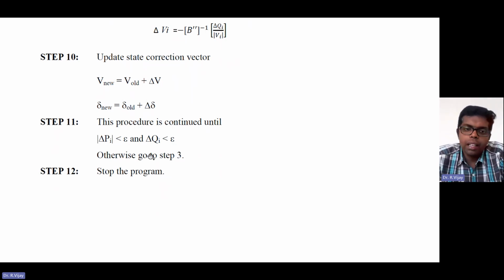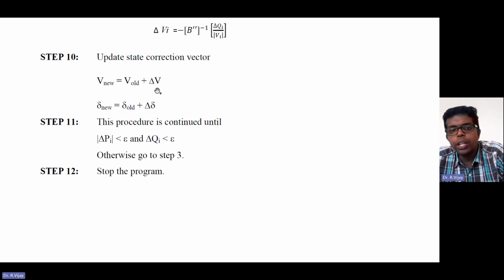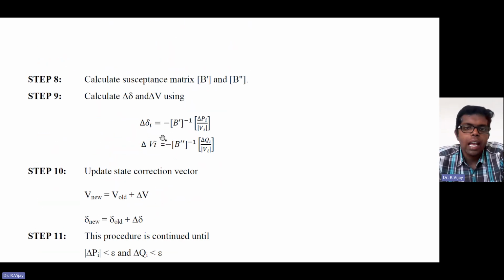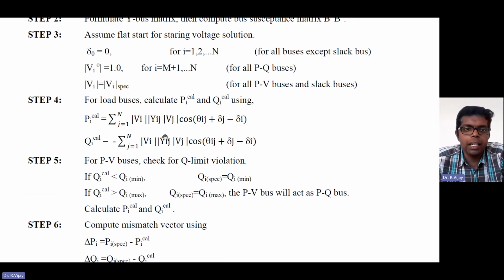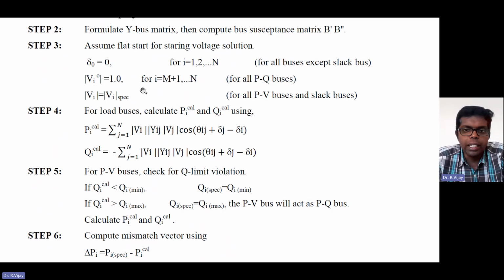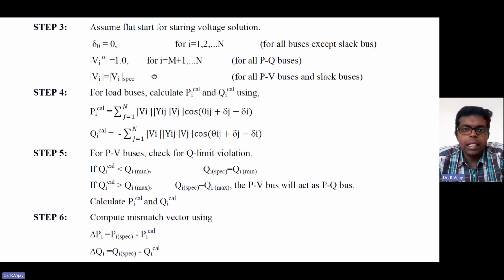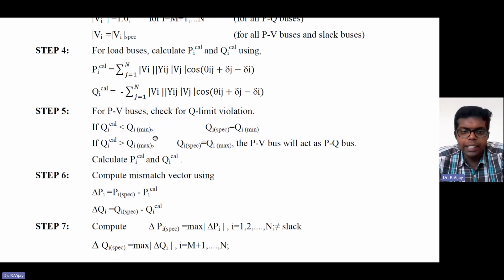Otherwise, you need to check this tolerance limit. If it is not satisfied, again you need to go to step 3 and repeat the same thing. We need to calculate PI calculated, QI calculated. Again, we need to check for the reactive power limits.